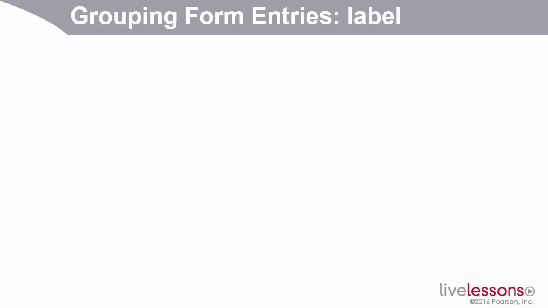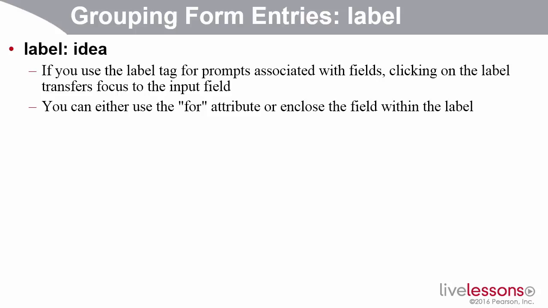Next, the label tag. The label tag is interesting because it doesn't change the visual look of anything in the page. And so many HTML developers think that the label tag has no particular purpose. But the idea is that if you use the label tag, the text, the prompt in front of a text field, usually in front, it could be after, but usually in front, like first name, is more closely associated with the text field itself.